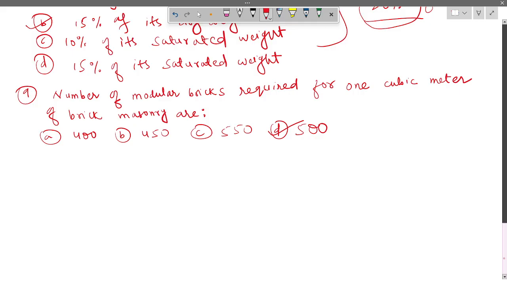Okay, how will we solve this question? See here in the solution. For the standard size brick, what will be the size?